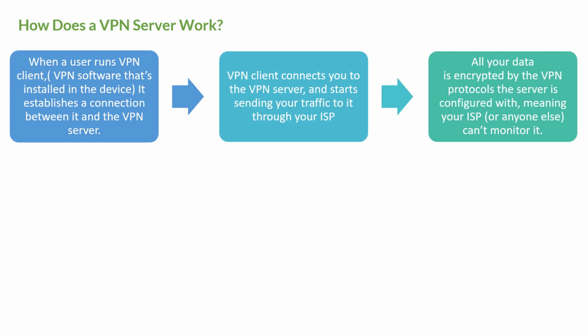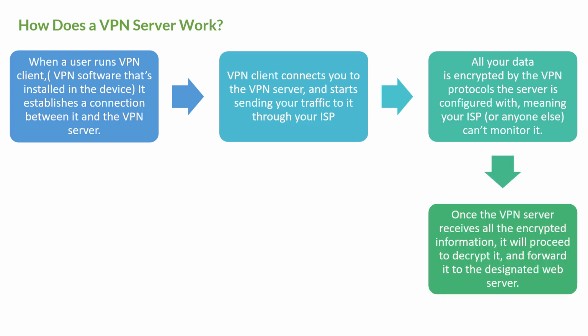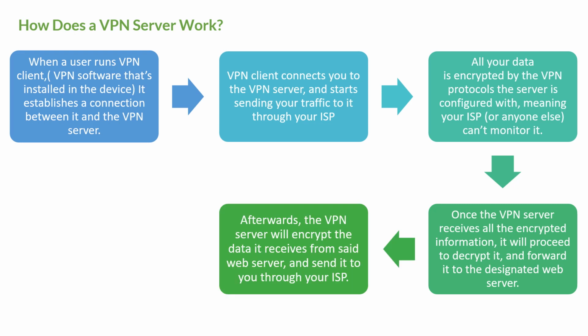All your data is encrypted by the VPN protocols the server is configured with, meaning your ISP or anyone else cannot monitor it. Once the VPN server receives all the encrypted information, it will proceed to decrypt it and forward it to the designated web server.